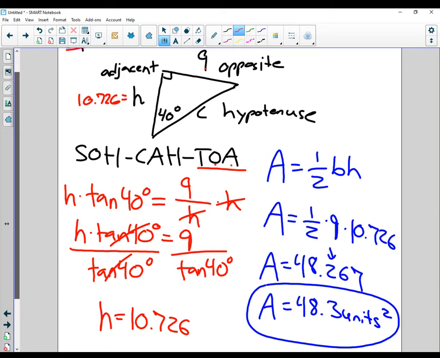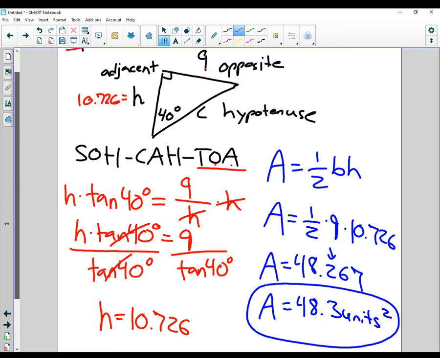Now, this is interesting. You can do whatever you'd like. We have two sides now, because we found this one. So we could use the Pythagorean theorem if that's easier to you. I'm going to use trig again because this is rounded, but this isn't. So if I use trig, that's going to give me a more accurate picture.